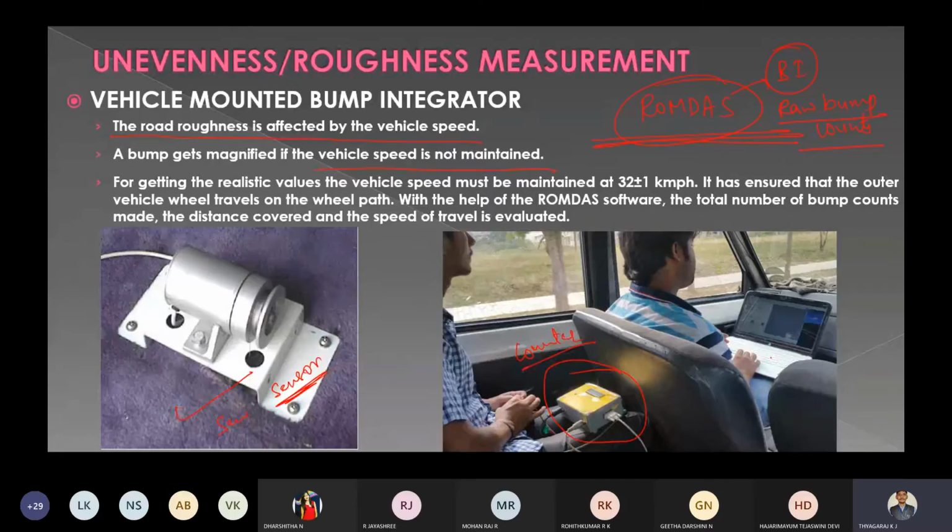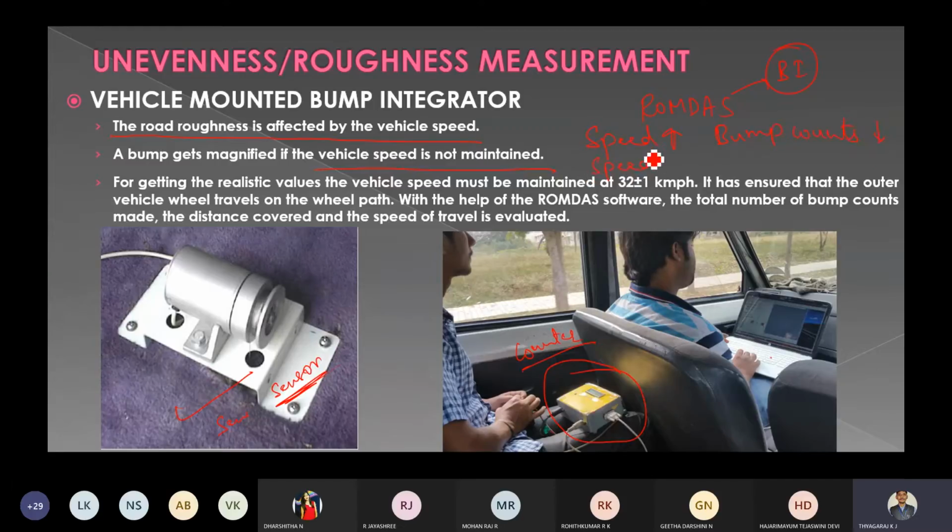A bump gets magnified if the vehicle speed is not maintained. So if we move at a higher speed, for example 70 to 80 kmph, we can't count the number of bumps, and if we lower the speed to 20 or 10 kmph, we will be getting more bumps. So remember, if the speed of the vehicle is more, bump counts will be less.